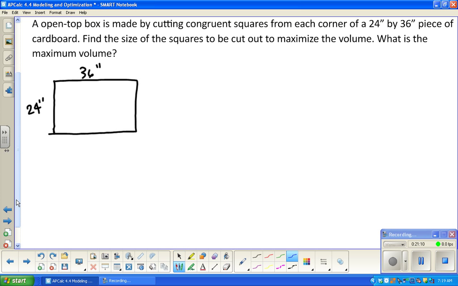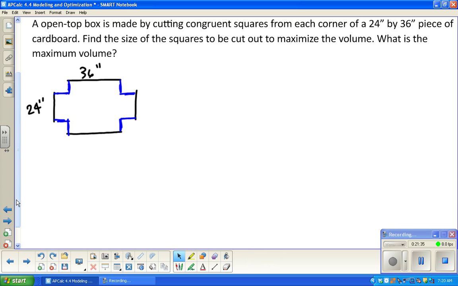We've seen this before in pre-calc, but what we're going to do is cut a square from each corner, like so. So then, okay, this looks like that. I don't know if I can get at the top here. We'll try it.